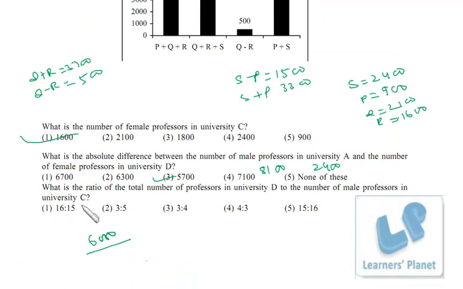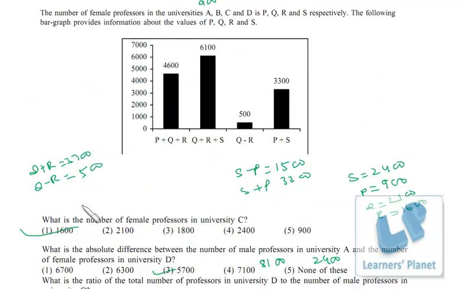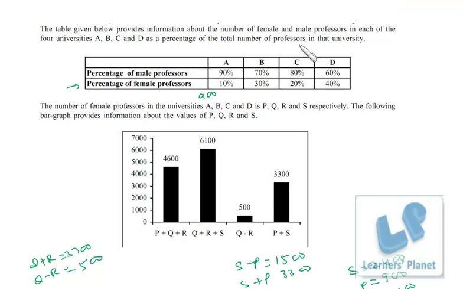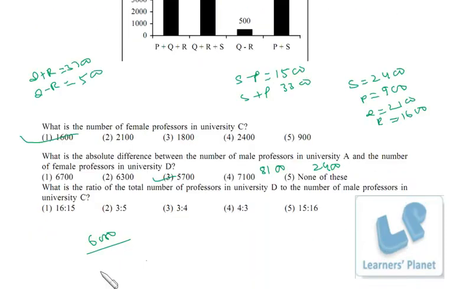Similarly, number of male professors in University C. University C, female professors are R, 1600, right? Female professors 1600 and male professors are 4 times of female professors, right? So male professors will be 6400, 4 times of 1600, so that's 6400. So that is 15:16. Okay.